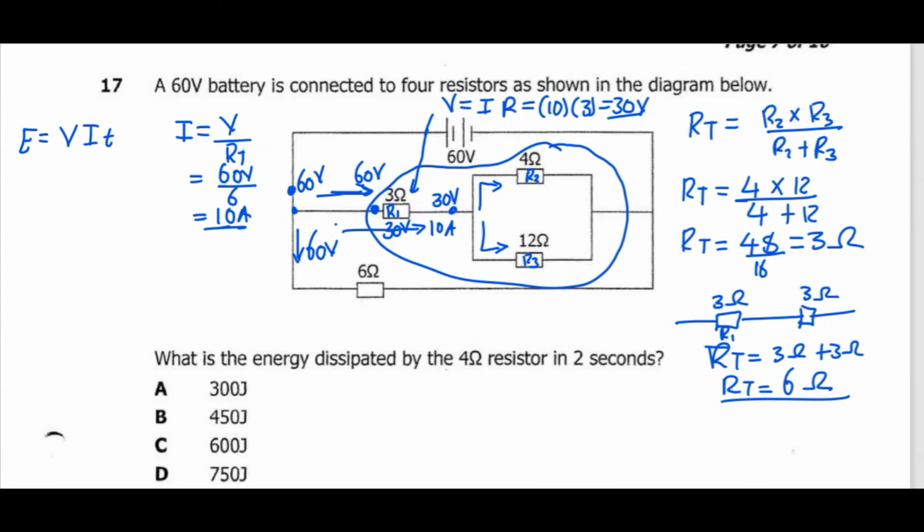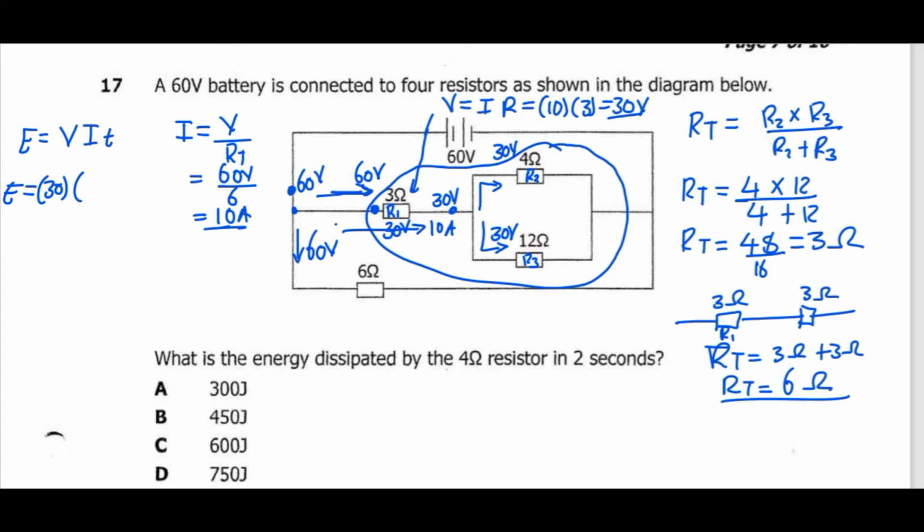So now here we are going to have 30 volts in this direction, also 30 volts in this direction. Remember, voltage is equal in parallel. So at least we have the voltage that went in this direction. So say energy is equal to the voltage, we have it is 30. Now we need to find the current that went in the 4 ohms resistance. So how much of that current went there?